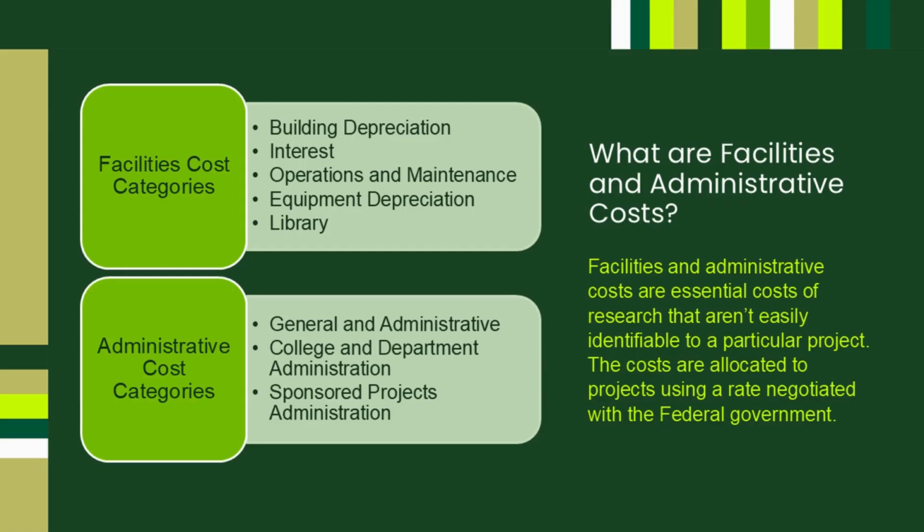Your costs are included in the admin category in order to conduct research and again to file financial reports and do all the kinds of things. And there's also a pool for sponsored projects administration. So the cost of being able to create proposals, submit proposals, comply with cost accounting standards, do animal care appropriately, human subjects, all that kind of stuff ends up in the sponsored projects administration.